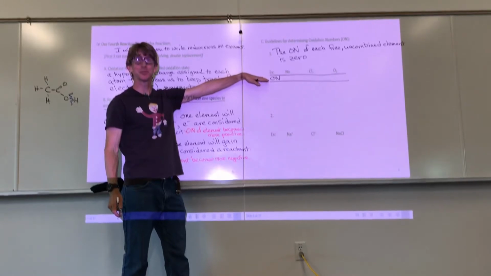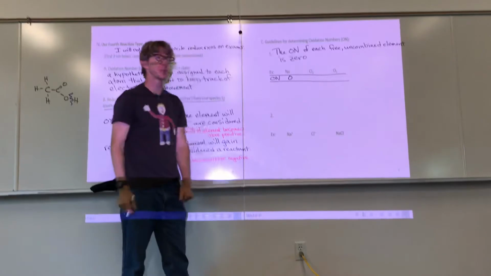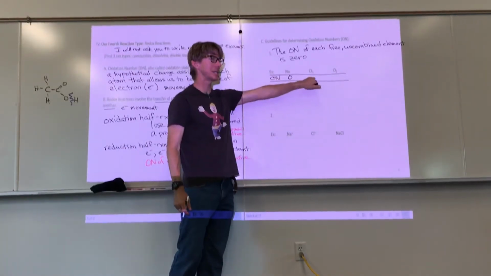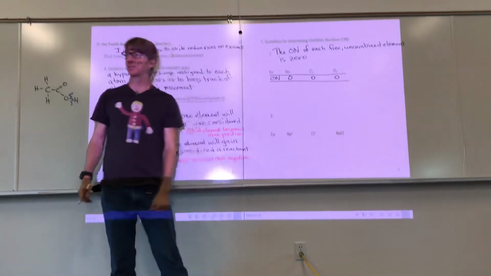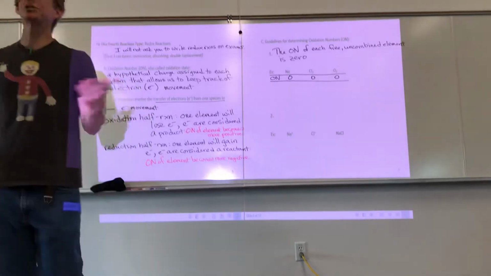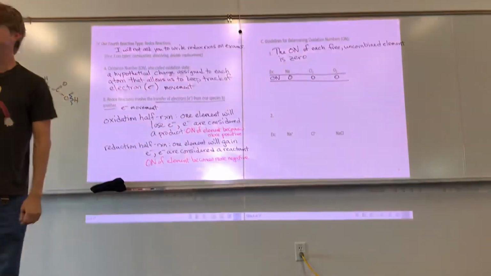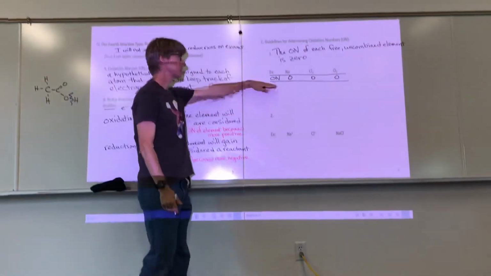The oxidation number of sodium is 0 because it's by itself, no other elements. The oxidation number of chlorine in Cl2 is 0 too. They're all zeros because they're all by themselves. I wanted to show you what free uncombined elements look like. You probably already knew, now you know for sure. Any questions about that?